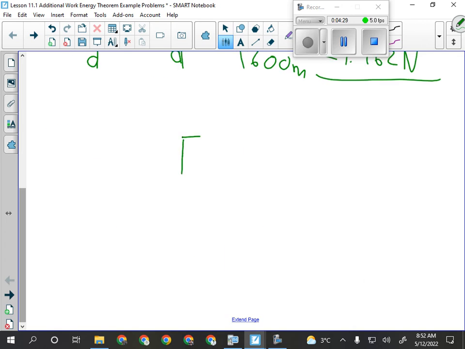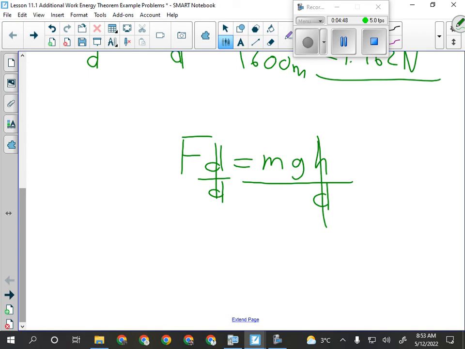But when we set this up, force times distance, and we go M times G times H, okay? If I divide both sides by D, remember that D and H were the same number? What do they do to each other? They cancel. So I could also calculate the force by multiplying M times G. Okay?